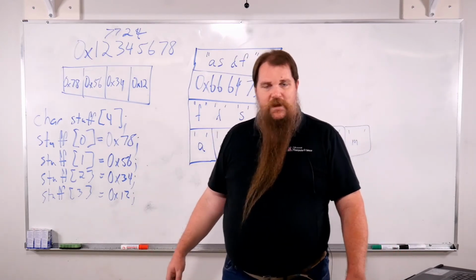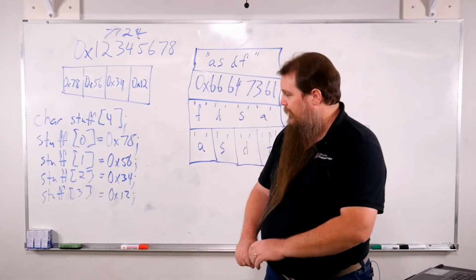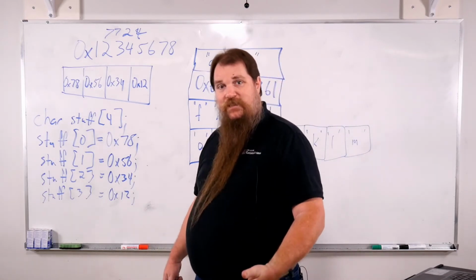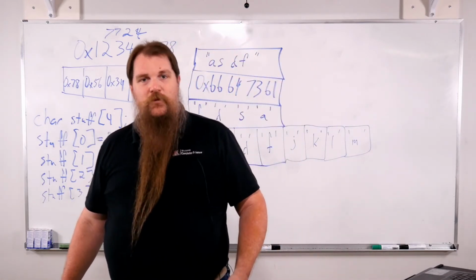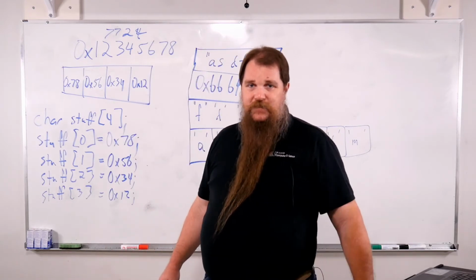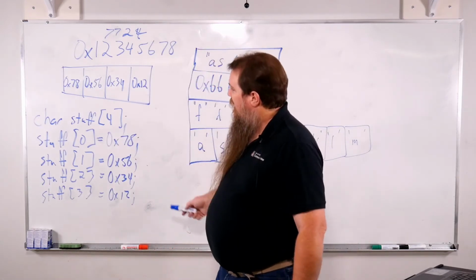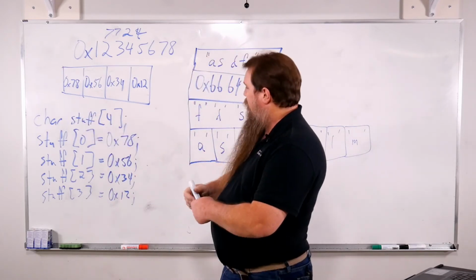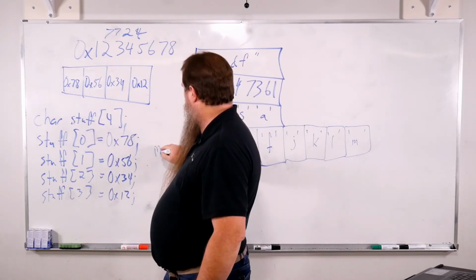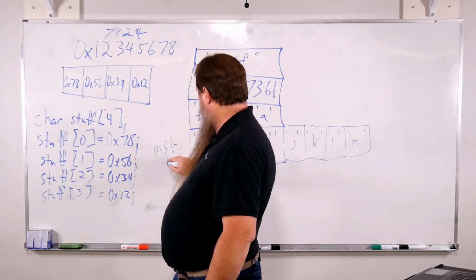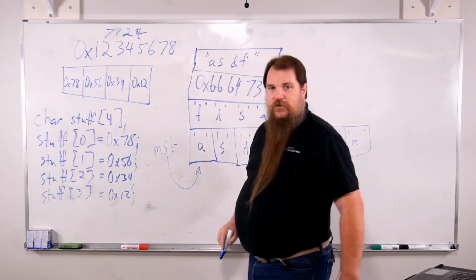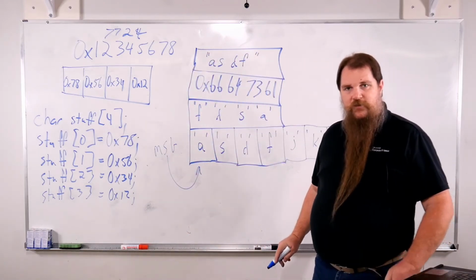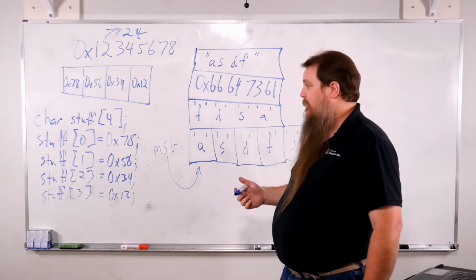So we have 2 different arrangements of the memory. One is called Little Endian, and one is called Big Endian. Remember we had a message pointer that pointed to the first character or to the first byte of something?